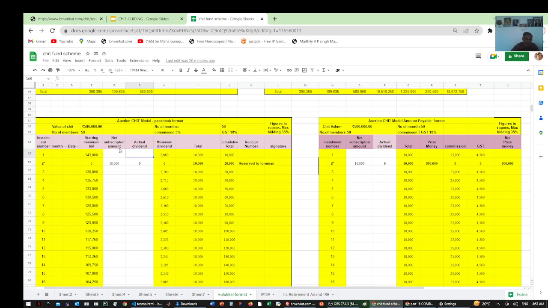If you want, you can add an additional column for actual bidding here, the actual dividend. Say, let us say 1,75,000 was the bid amount. Therefore, 5 lakh minus this 1,75,000 rupees bid amount will be the prize amount.